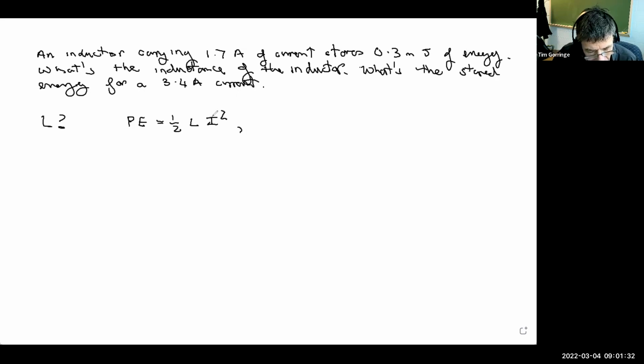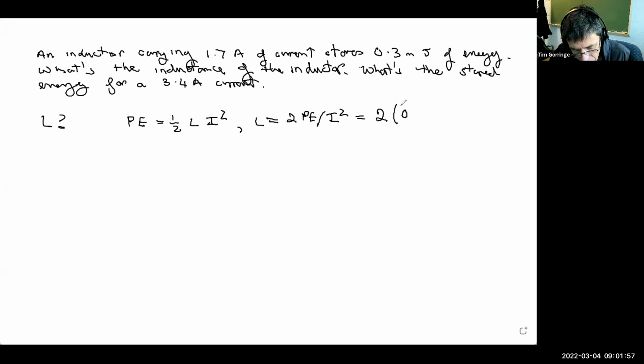In our case, we know the current, we know the energy. We can rearrange this equation to be an equation for the self-inductance. It'll be twice the potential energy divided by the square of the current. And then we can just go ahead and fill in the energy and the current.